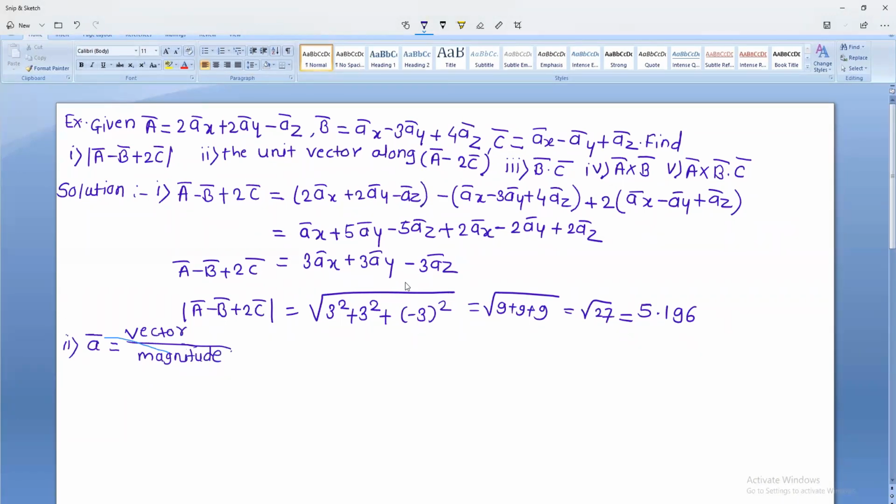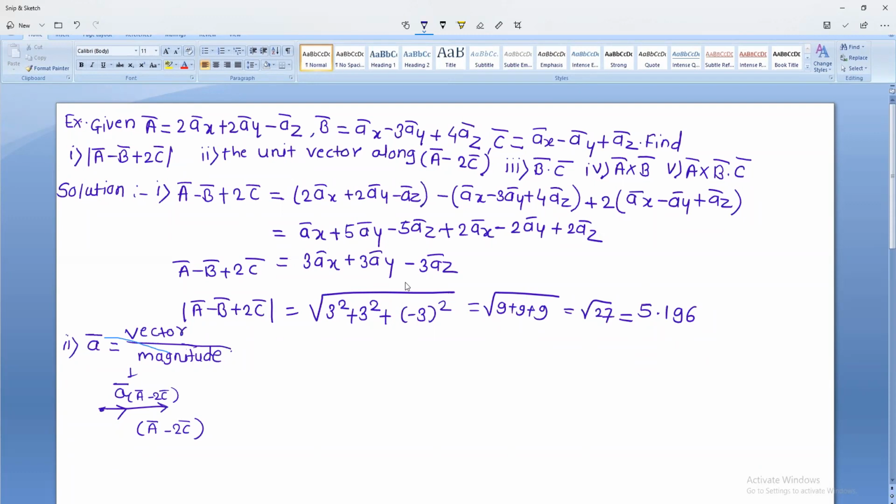Now we have to find unit vector along this a bar minus 2c bar. This unit vector has magnitude equal to 1.